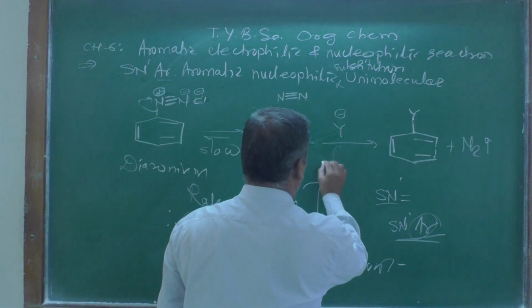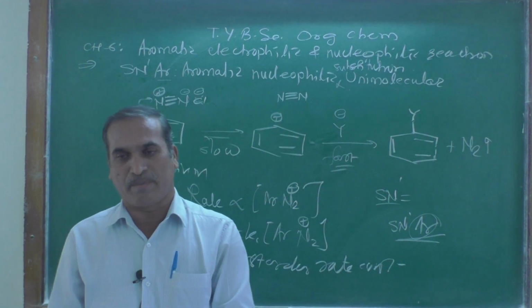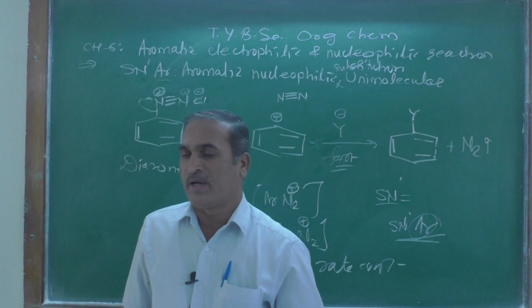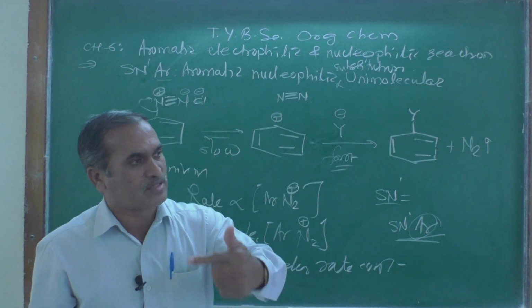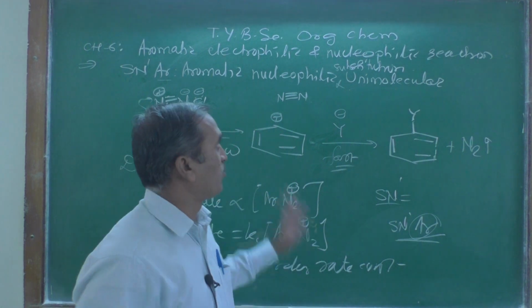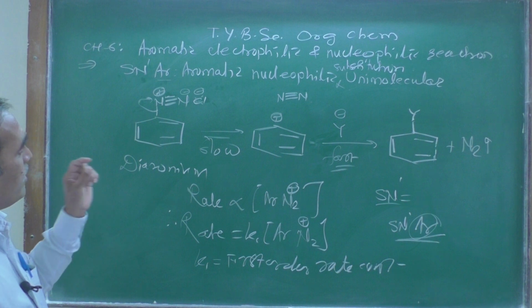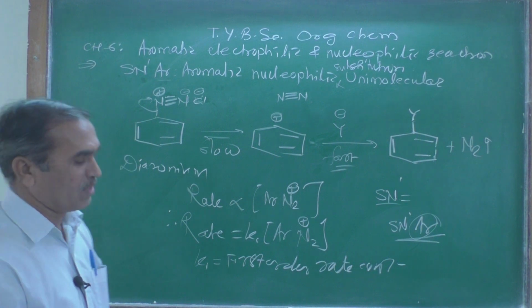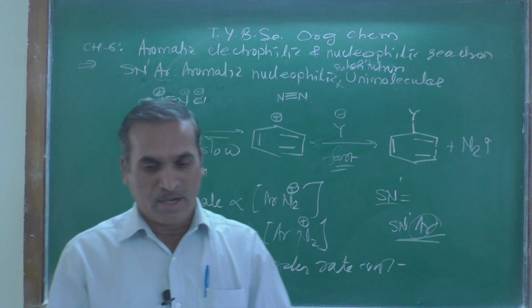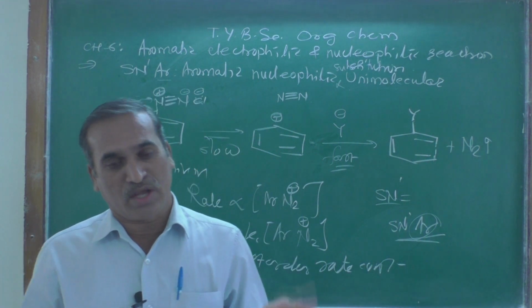Then when the nucleophile attacks, that step is very fast. We cannot determine how much time is taken to complete the reaction, and therefore this type of reaction is called SN1 Ar, meaning aromatic nucleophilic substitution reaction. In this way we have seen SN2 Ar and SN1 Ar.